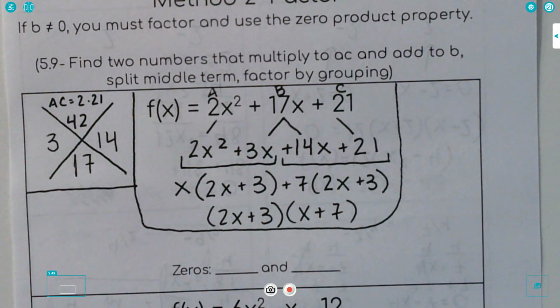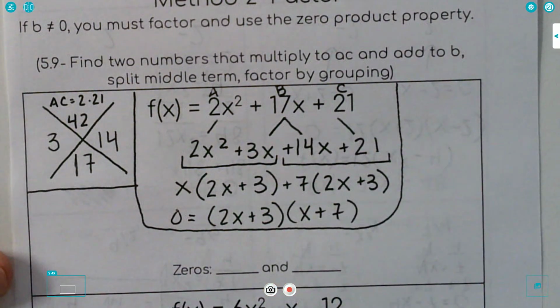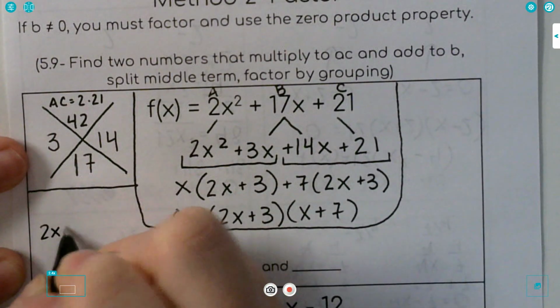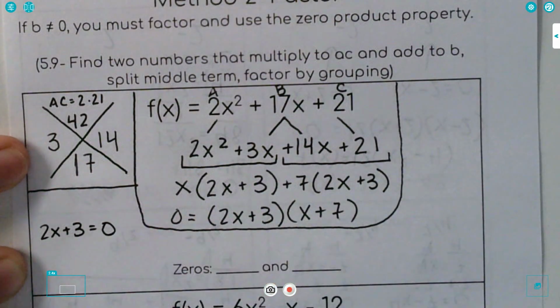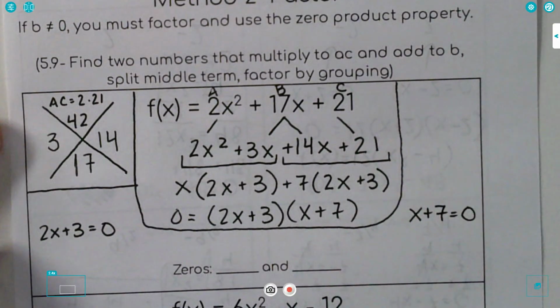From here, we are now still using the zero product property. So we set this equal to 0, which means I need to set each of my factors equal to 0. So we will have 2x plus 3 equals 0. We'll solve that out. And we'll have x plus 7 equals 0. We'll solve that out.